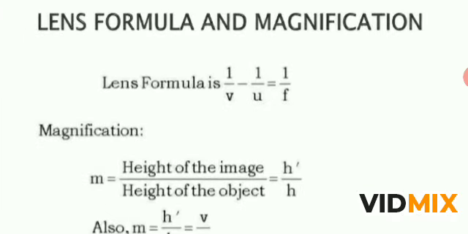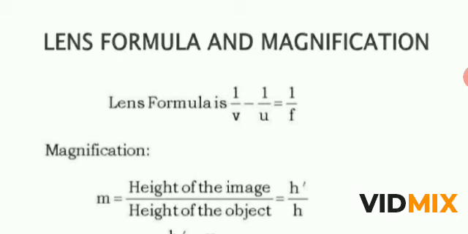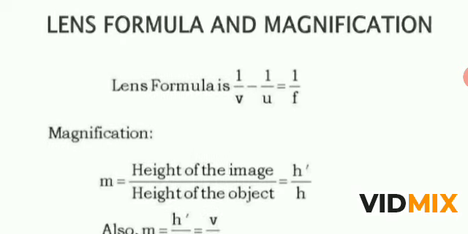As we had learned the mirror formula, similarly here there is the lens formula also. Between lens formula and mirror formula, there is one difference. In the case of mirror formula, we found the relationship between v, u and f, and here also we are going to find the relationship between v, u and f. The mirror formula is 1 upon v plus 1 upon u is equal to 1 upon f, and the lens formula is 1 upon v minus 1 upon u is equal to 1 upon f.